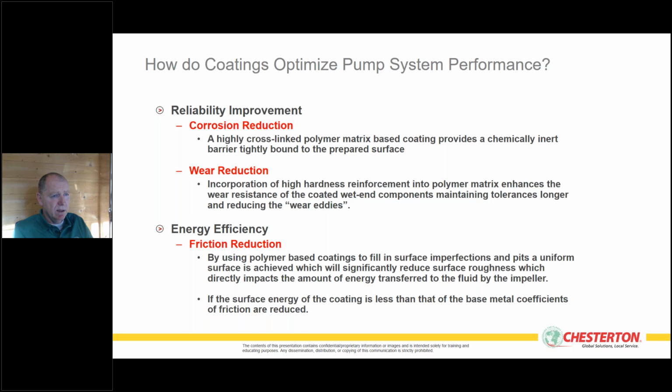So we can smooth that surface to get a uniform, much lower roughness than you would achieve with an investment cast or sand cast pump surface, for example, and reduce the amount of friction when the media is being pumped through. Next slide.